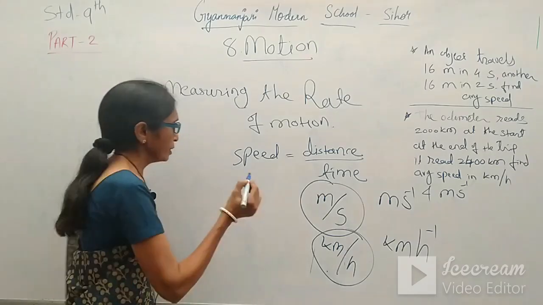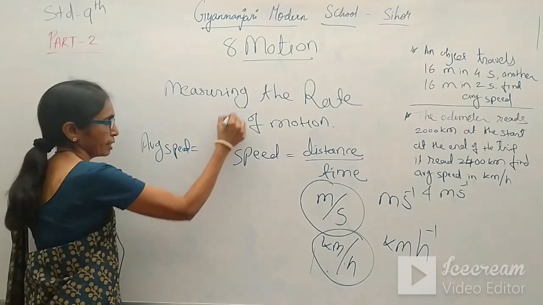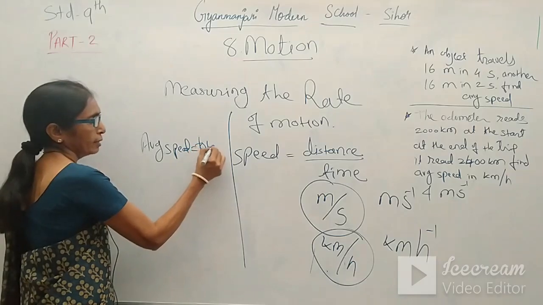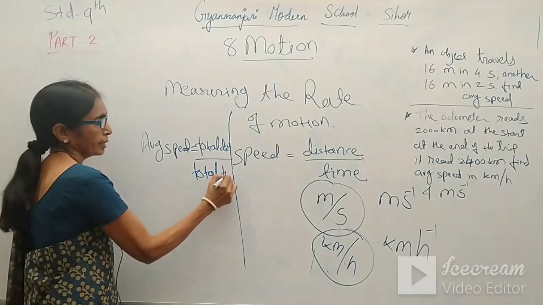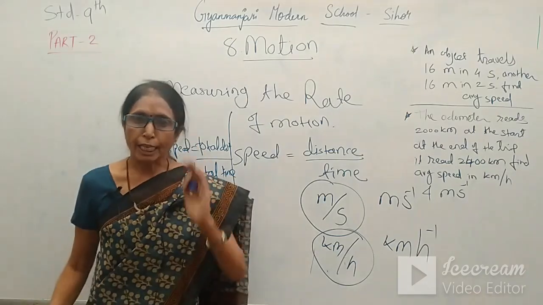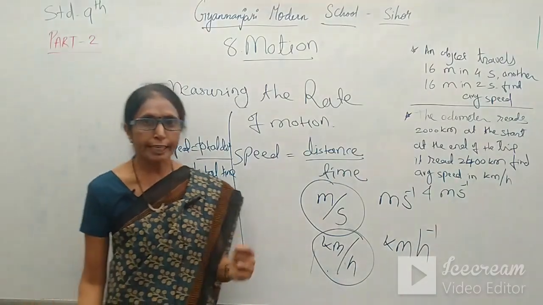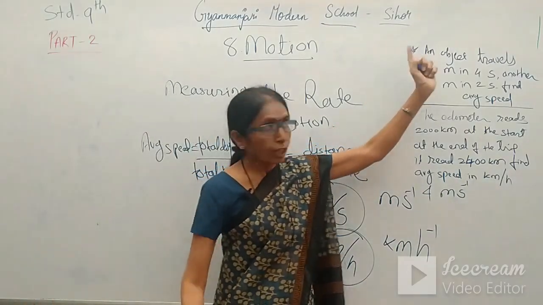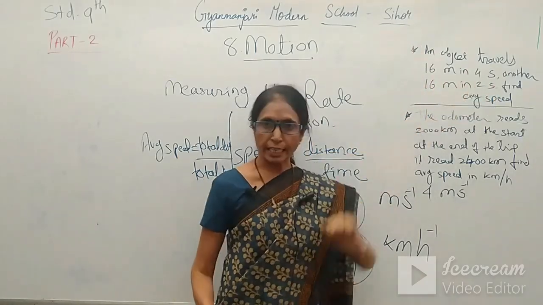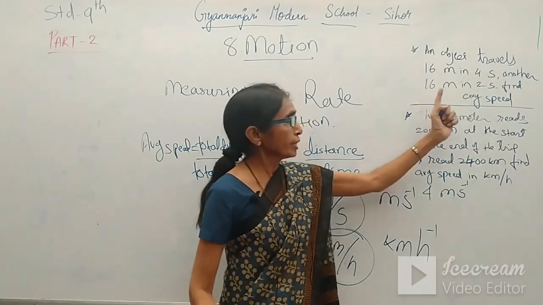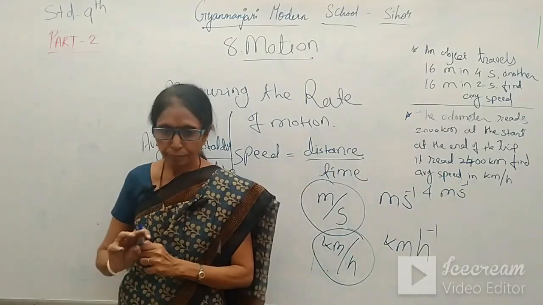Average speed is equal to total distance upon total time. I will explain this average speed with one example. If an object travels the first 16 meters in 4 seconds and another 16 meters in 2 seconds, find its average speed.